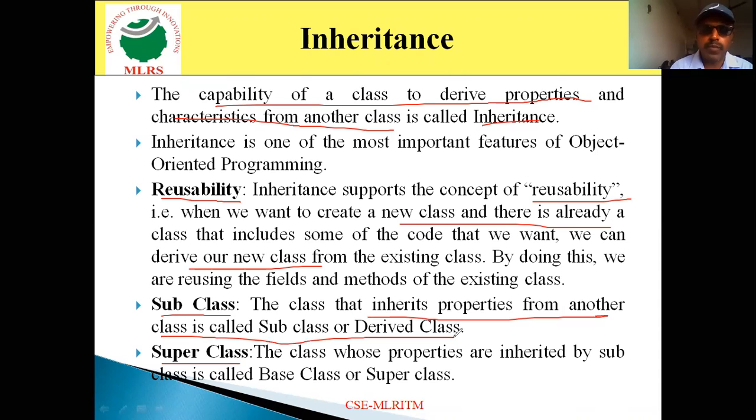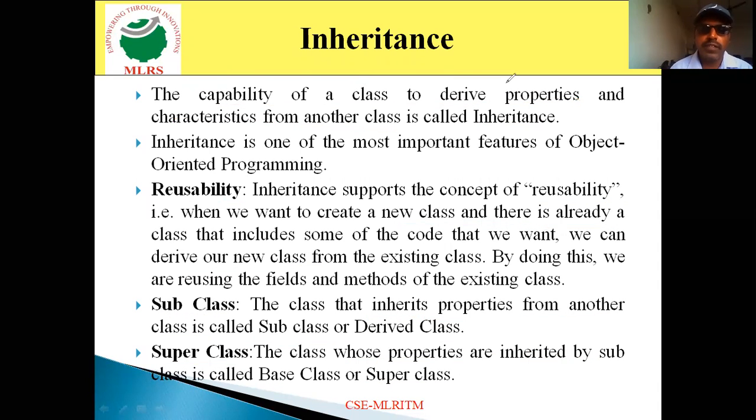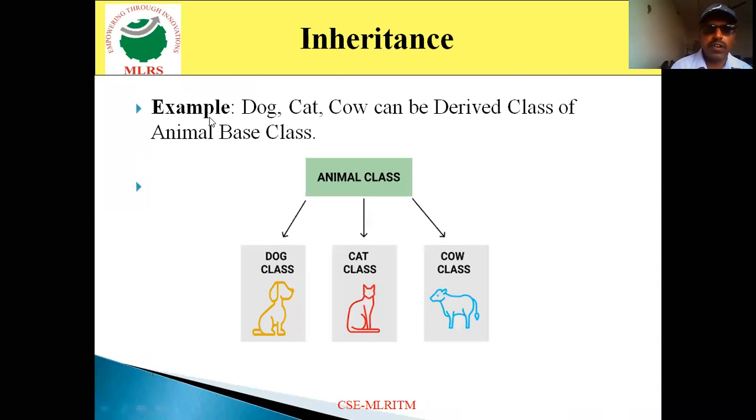Already one class is there, then you are inheriting the properties of that class to a new class, that is the derived class or subclass. Similarly, the superclass is the class whose properties are inherited by the subclass. We can call it a superclass or a base class. So these are the 2 types of classes that will be there in inheritance.